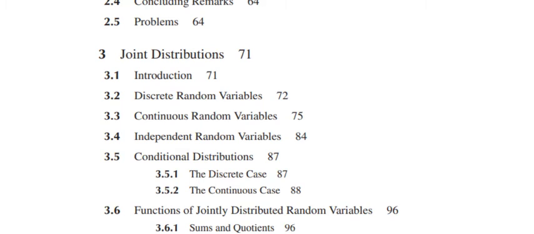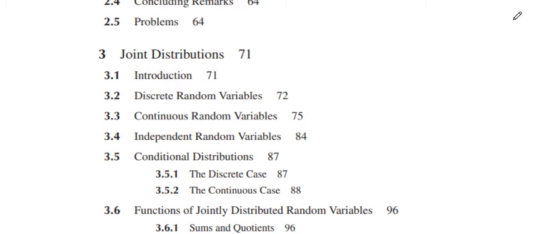Chapter 3 is joint distribution. Joint distribution is when we have 2 variables or 3 variables, many variables in a distribution. For joint distribution, we also have 2 cases: the discrete situation, like a discrete 2 variable distribution, or a continuous 2 variable distribution.